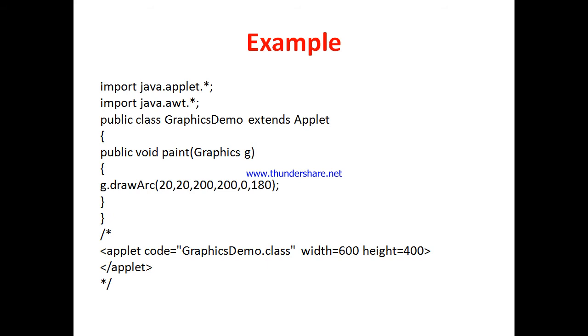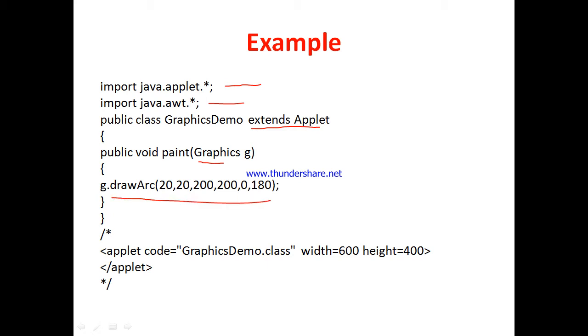In this example, the applet package is imported because we are extending the Applet class. We have imported the AWT package because we are using the Graphics class. Inside the paint method, we have the drawArc method, which has 6 parameters.